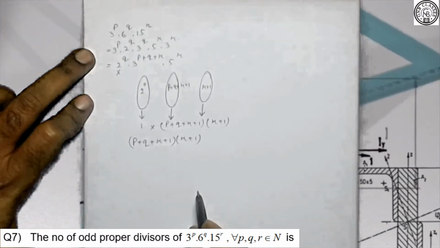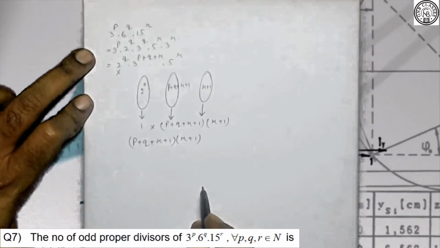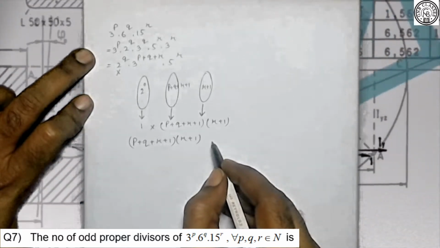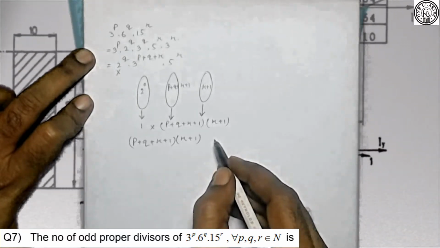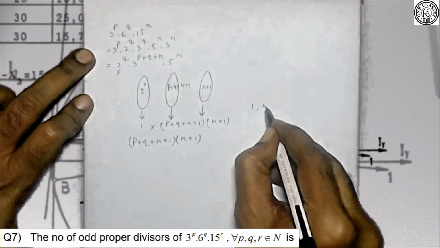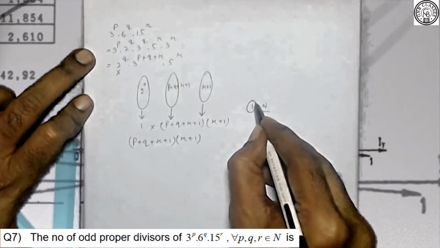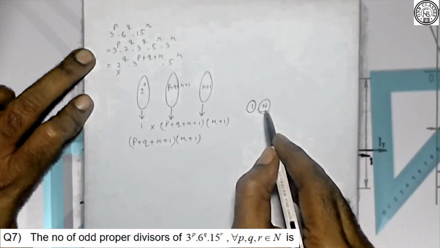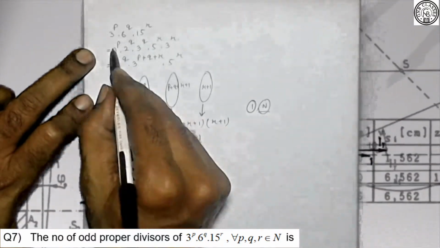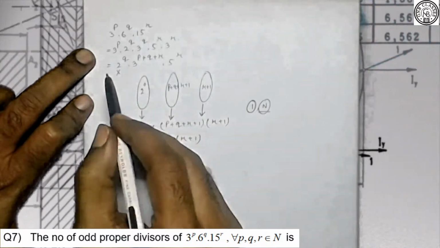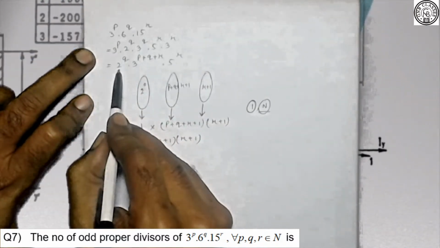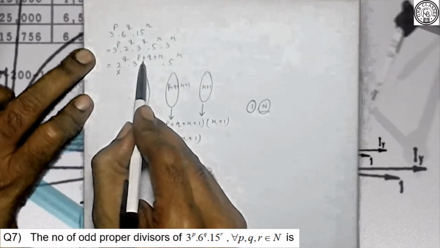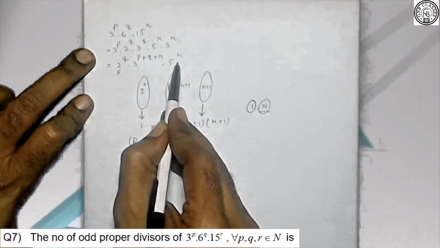But they have asked you to find the proper divisors. Proper divisors means you have to eliminate the divisor 1 and the number itself. Here 1 will come, but the number n will not come, because to get the number n, we would have to multiply 2 to the power q into 3 to the power p plus q plus r into 5 to the power r.